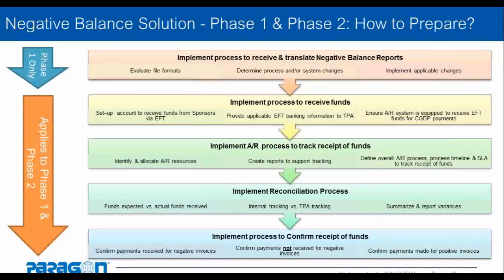For Phase 2, you will confirm payment or non-payment of negative invoices within the standard quarterly payment confirmation reports. Based on the quarterly invoice reports, you will prepare the payment confirmation report and confirm both negative and positive payments accordingly. As we reviewed previously in this presentation, you'll want to confirm receipt of payment or non-payment accordingly on the payment confirmation report.